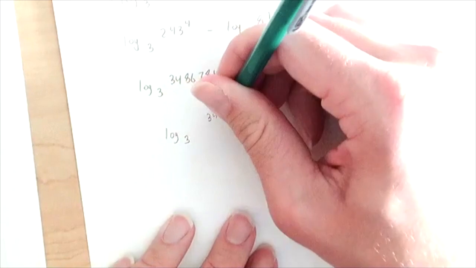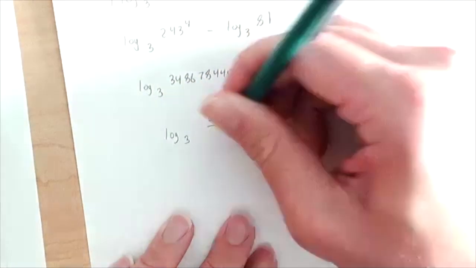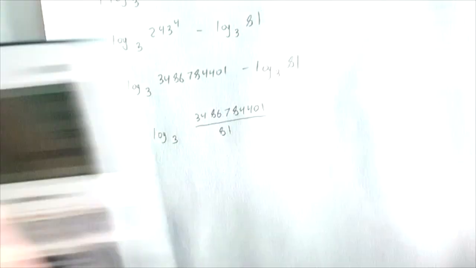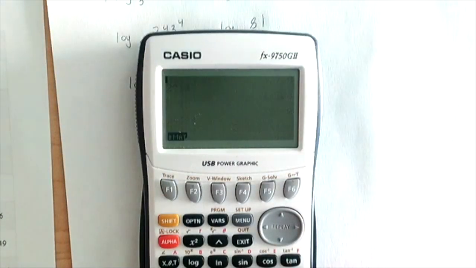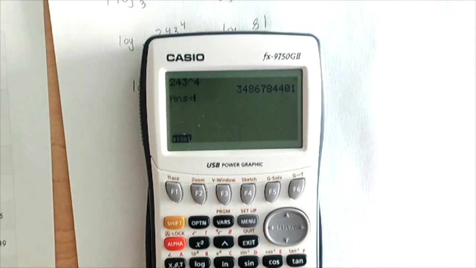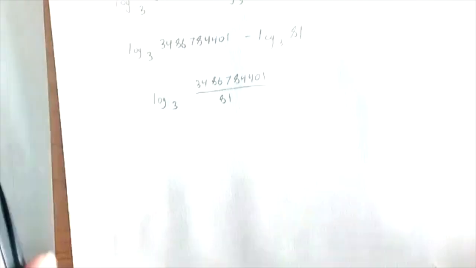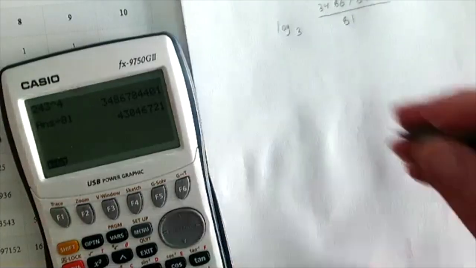So I hate that I have to write it one more time, but whatever. Okay. So I'm just going to take the number that was already in my calculator. That's hilarious. I messed up. 243 to the 4th divided by 81. Crazy big numbers still.